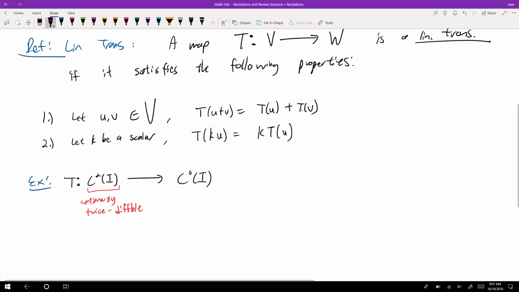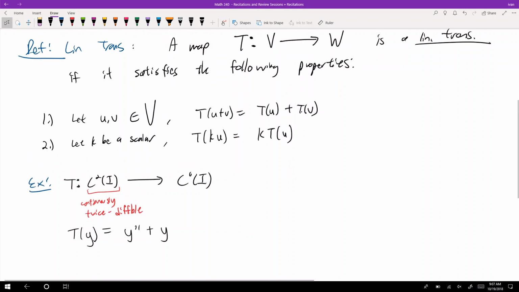So what do we do? Well, T takes an input y, and it spits out y double prime plus y. Okay, so that's our map.